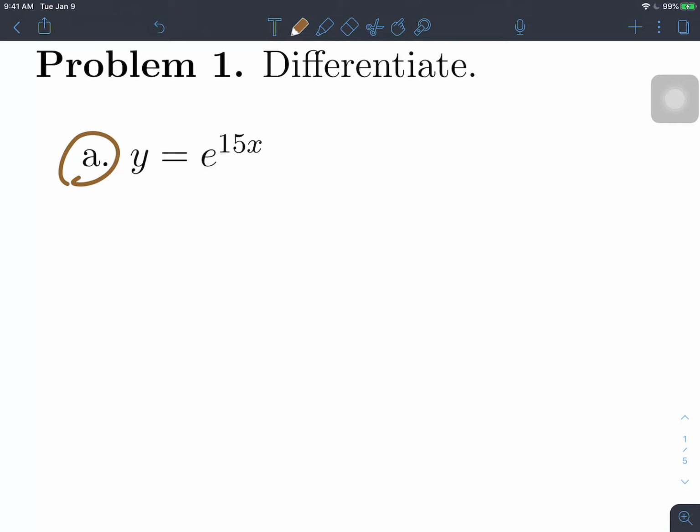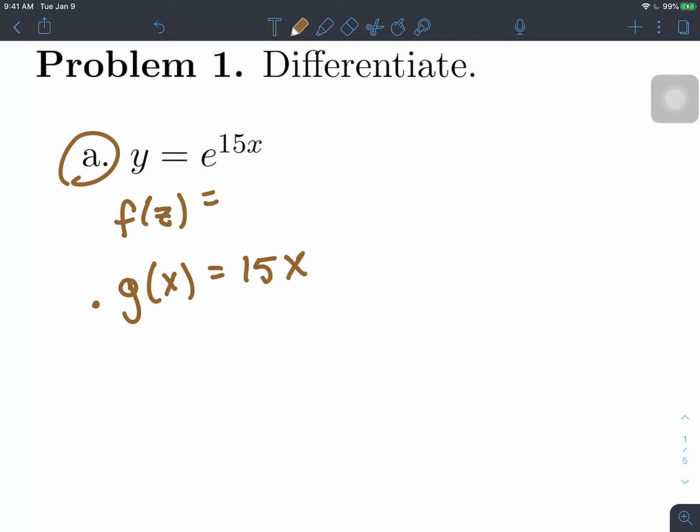What do we think the inside function is here? What is the inside function? The function that looks like it's being plugged in to another function. Yeah, 15x. And what is the function which should have a z in it, where I just plug in 15x for z?